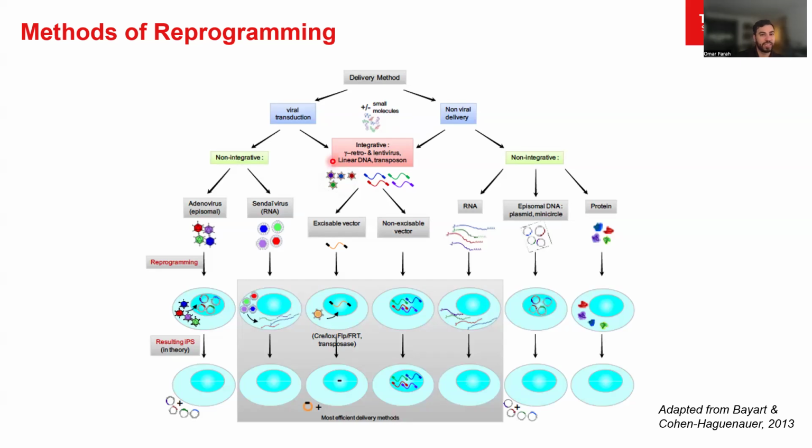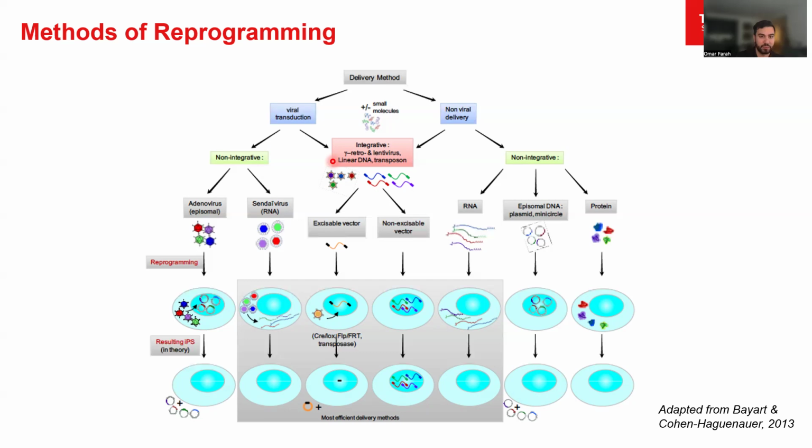But you can see how that could be somewhat problematic, right? If you're trying to force the expression of four factors and in doing so, you end up inserting the construct into a part of the genome that's really essential, for example, a proto-oncogene or a tumor suppressor, you can actually change the identity of those cells and not have the same starting genetic background compared to your somatic cell.